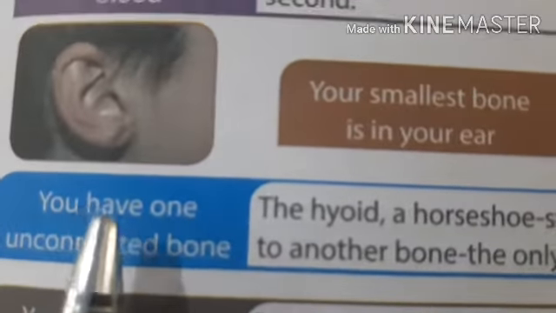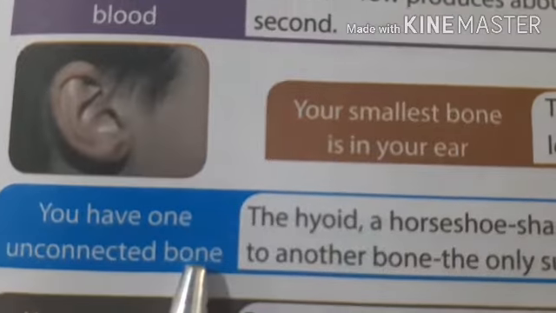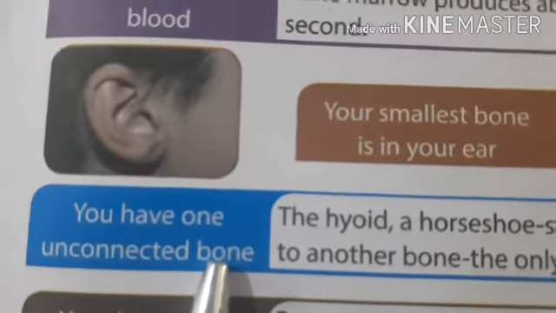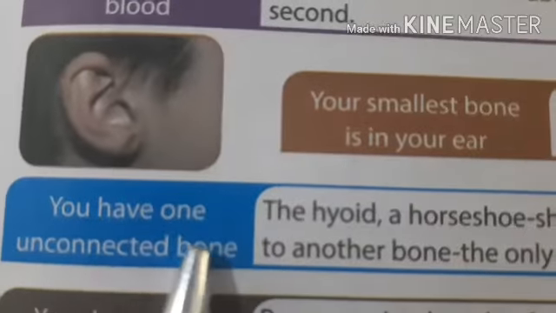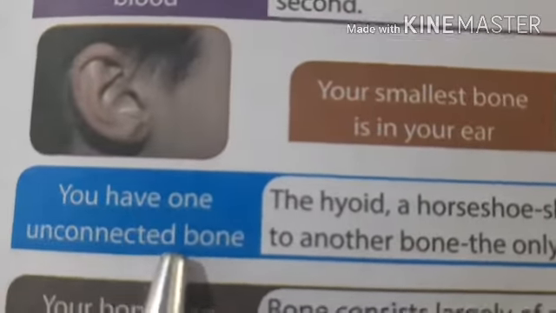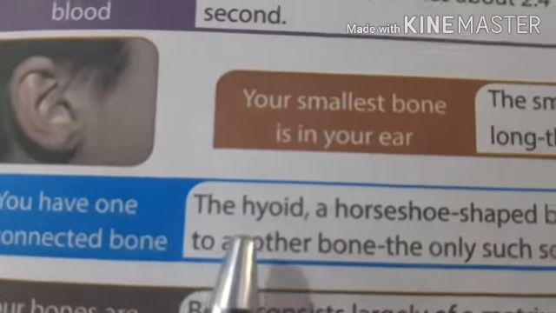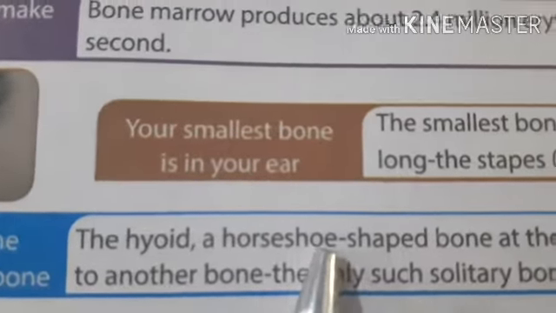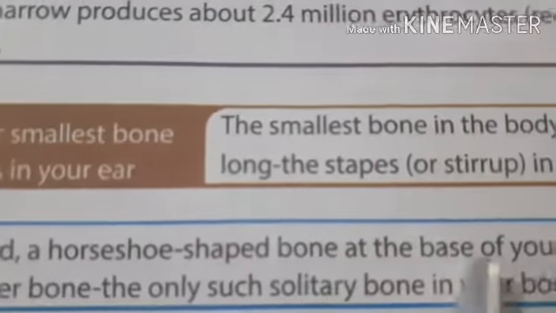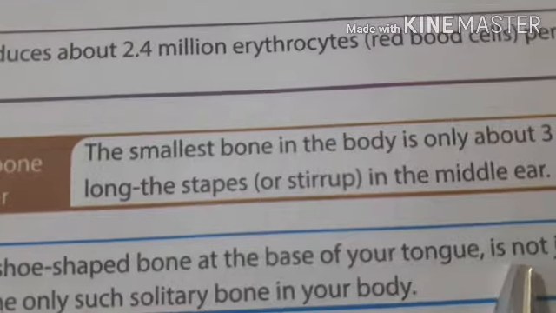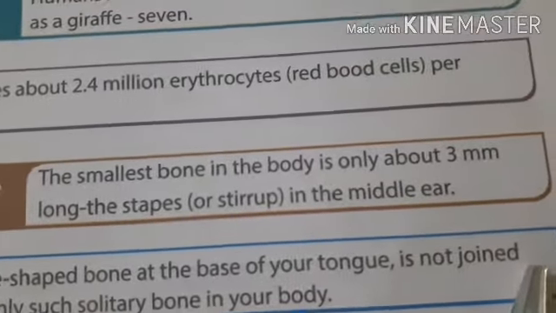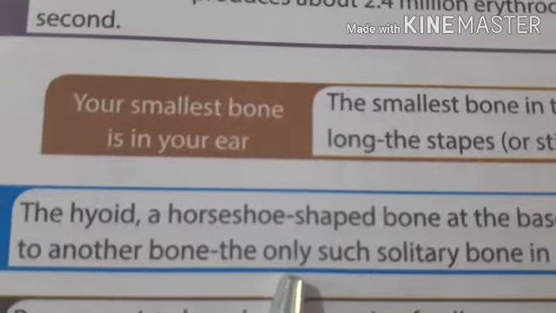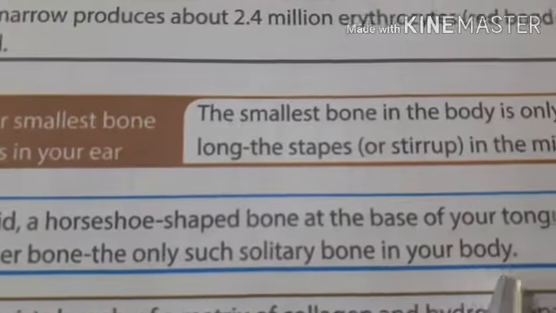Next, you have one unconnected bone. Almost all our bones are connected to each other, but we have one unconnected bone. So we will see which this is. The hyoid, a horseshoe shaped bone at the base of your tongue, is not joined to another bone, the only such solitary bone in your body.